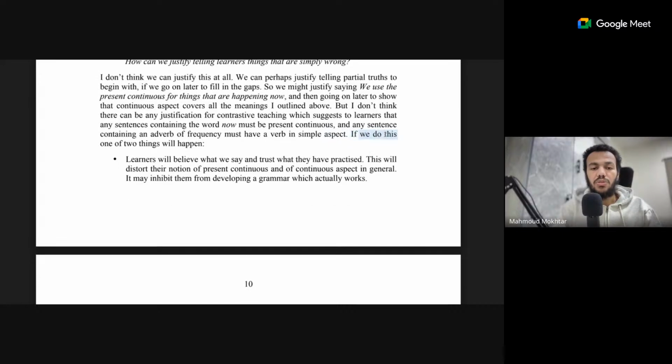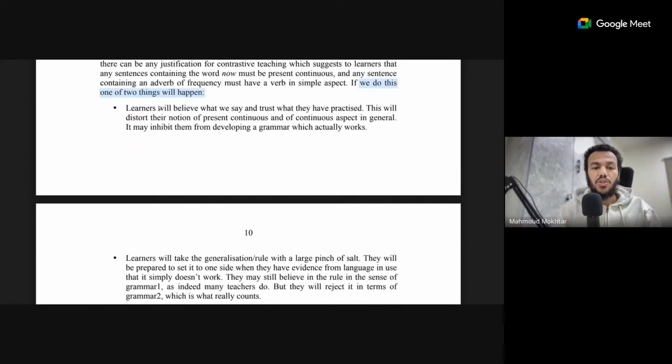If we do this, one of two things will happen. Learners will believe what we say and trust what they have practiced. This will distort their notion of present continuous and of continuous aspect in general.